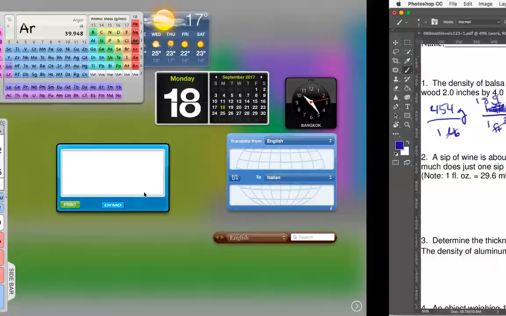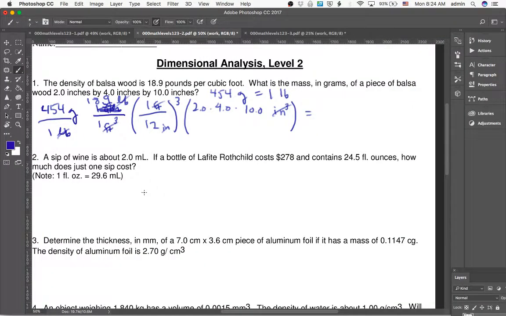That's 397. So it's 3 significant figures, but I only have 2 significant figures right here. So it should be 400 grams. Now, it looks like 1 significant figure, but to make it clear that you're saying 2 significant figures, you should use scientific notation. 2 significant figures. Okay?